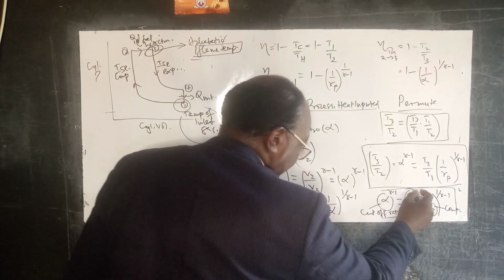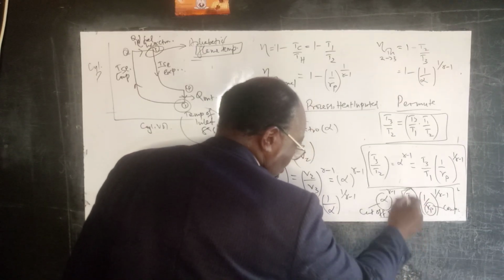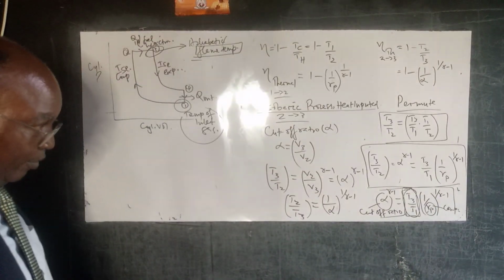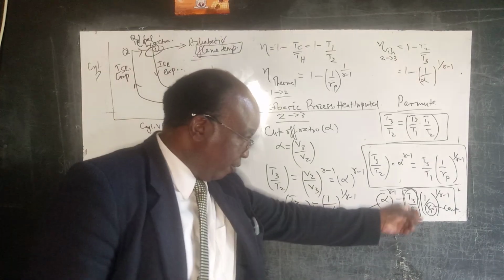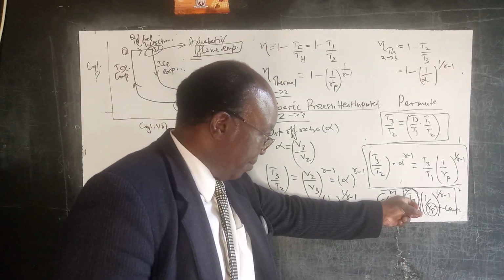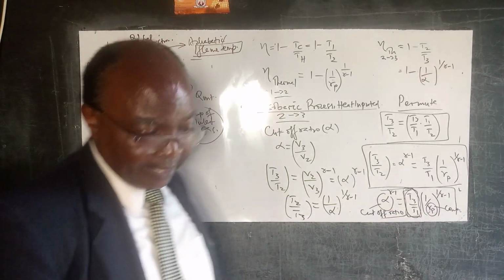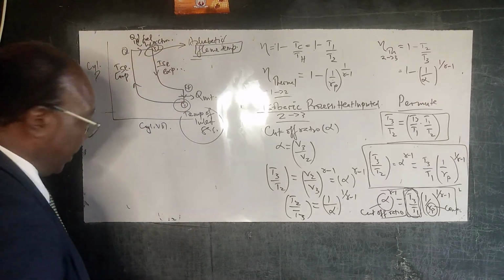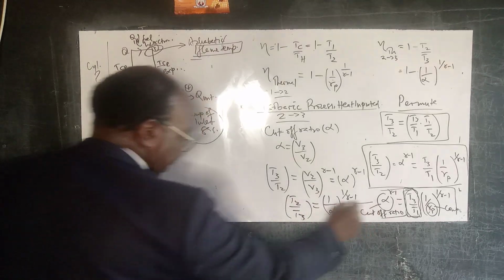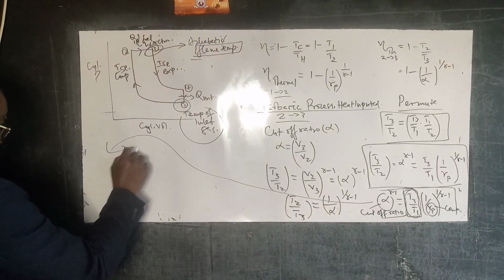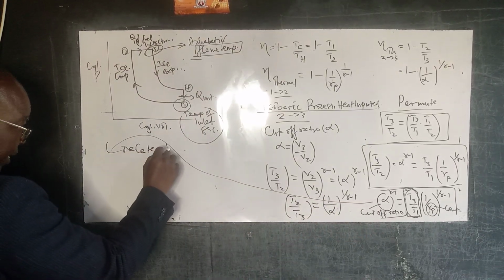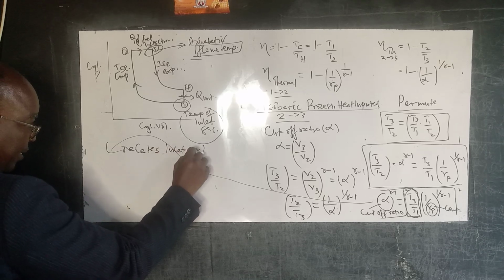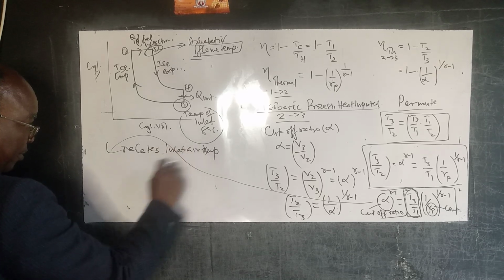So we have that expression relating those two temperatures. And of course, you know that this one will be much, much greater than the inlet temperature. So you just note that we can get this relationship here, which relates the inlet air temperature to the flame temperature.